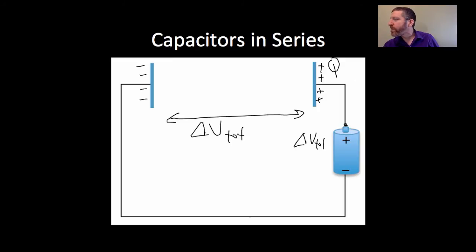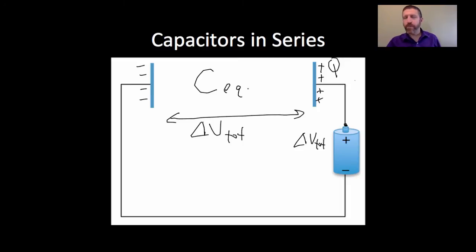So from the battery's perspective, there's only two plates: the plates that it deposits those charges on, and the plate that it pulls the positive charges off of, with the two plates being delta V total apart. So this is the C equivalent that the battery thinks is going on. In other words, if you just replaced all those capacitors in series with one C equivalent, the battery would not know any difference.